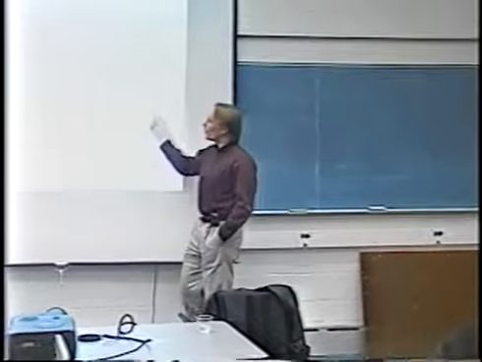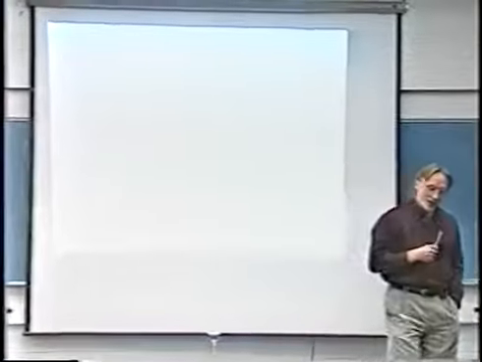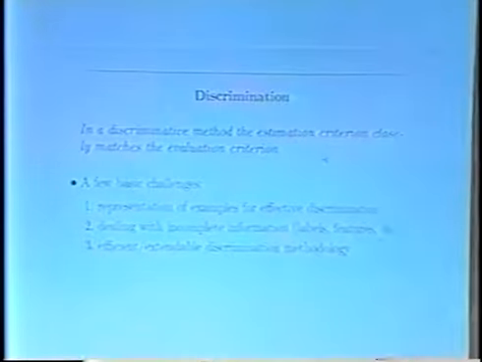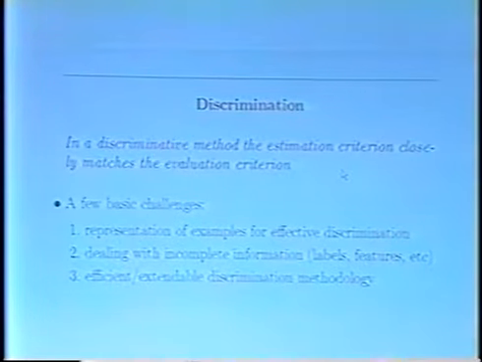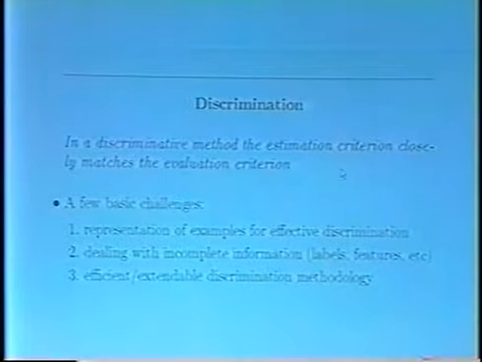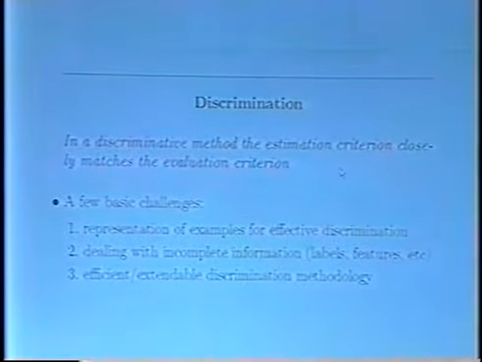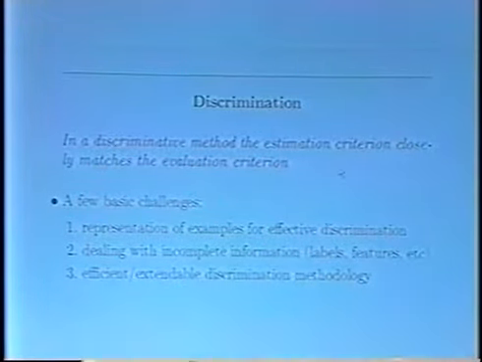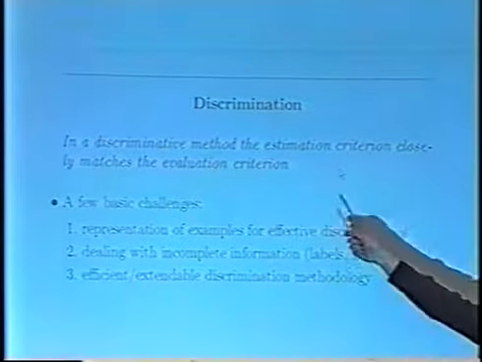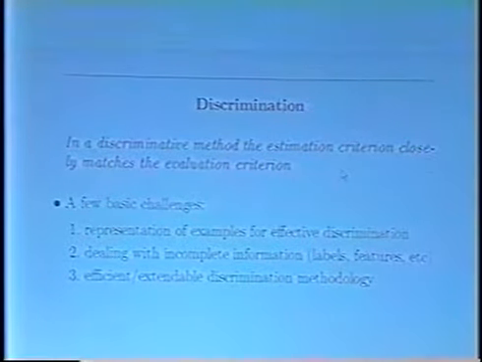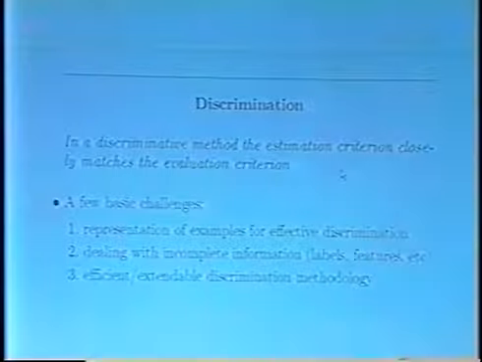So let me first clarify what is a discriminative method based on that description. It would be a method that uses an estimation criterion for parameters, structure, whatever, that closely matches the criterion by which that method will be evaluated subsequently.